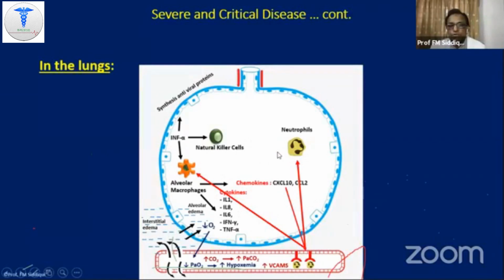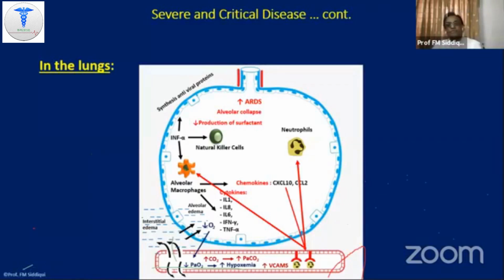So features of consolidation you start seeing after the ground glass opacity. The patient gets more and more breathless. Also there is reduction in surfactant production because pneumocytes are inactivated by the virus. As surfactant production goes down, there is a tendency of alveolar collapse, and when everything becomes a full-blown picture, the patient gets ARDS, acute respiratory distress syndrome.